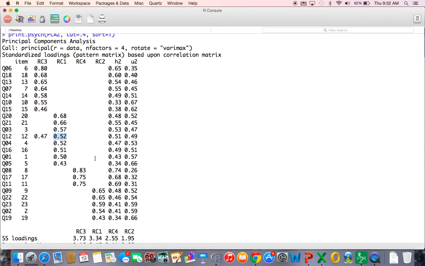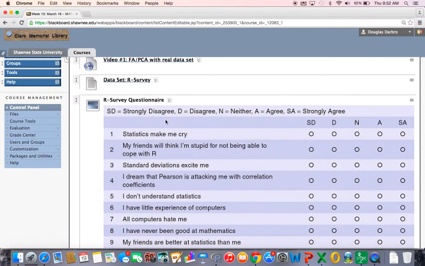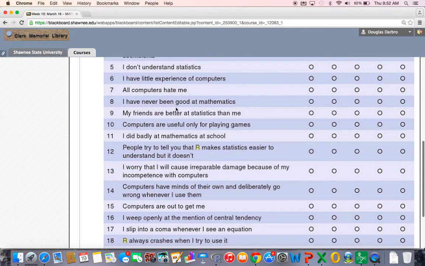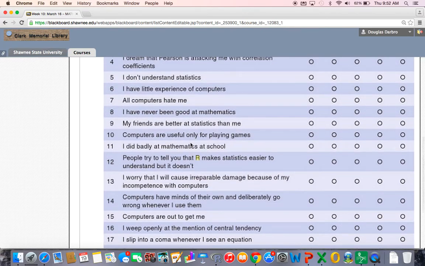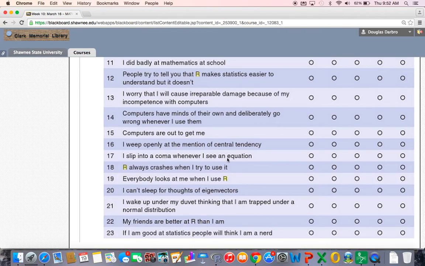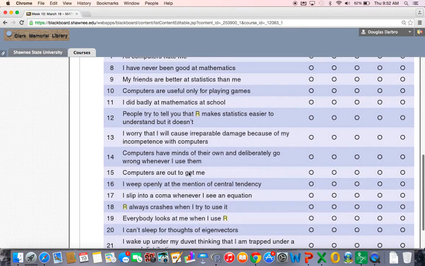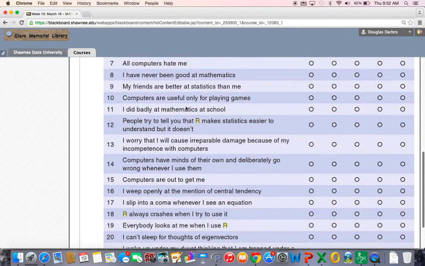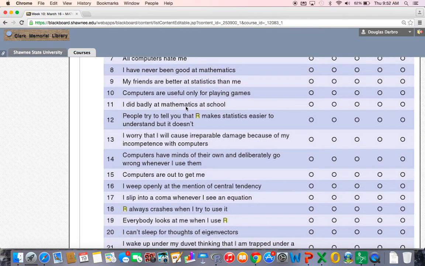So the only thing we're lacking now is the short one. So that's question 8, 17, and 11. So question 8, mathematics. Equation, mathematics, 11, mathematics. So guys, that to me is the mathematics component.